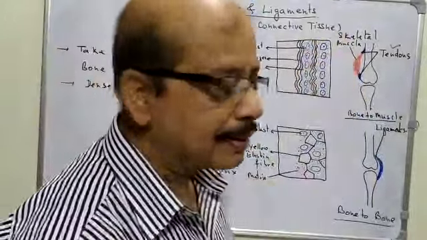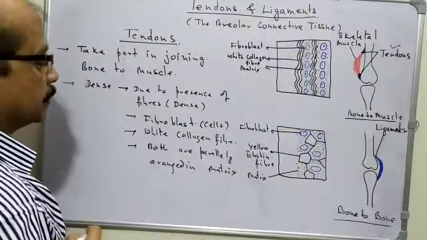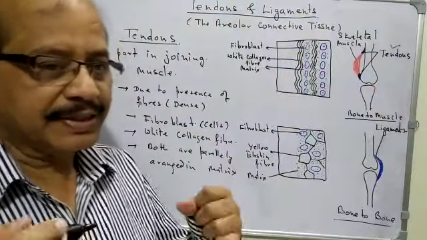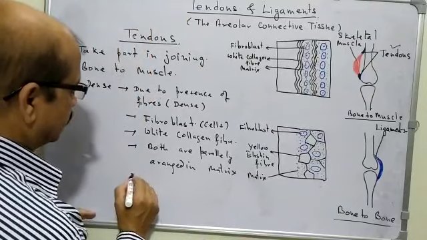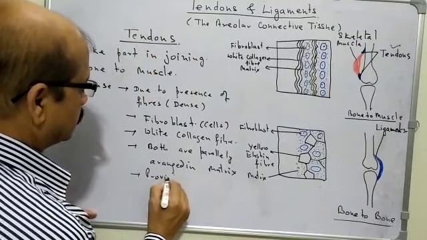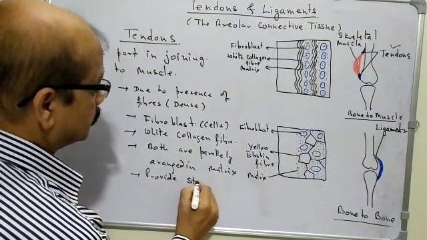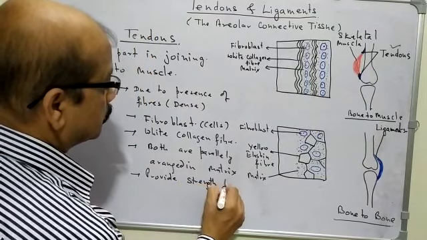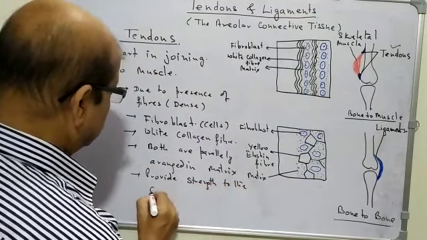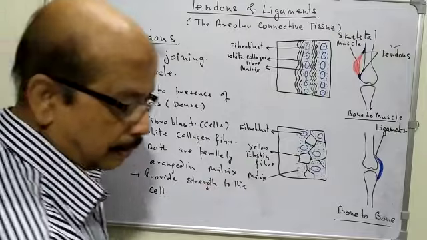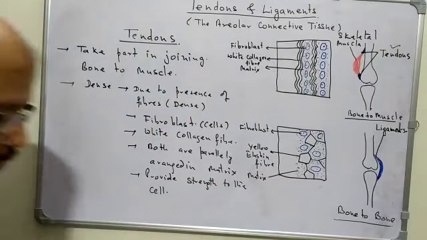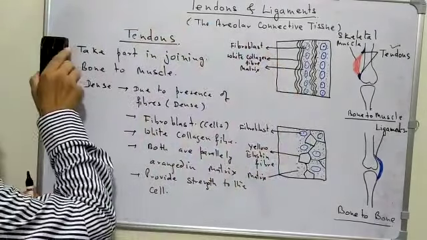So they provide strength to the cell, making the tendons hard in nature.